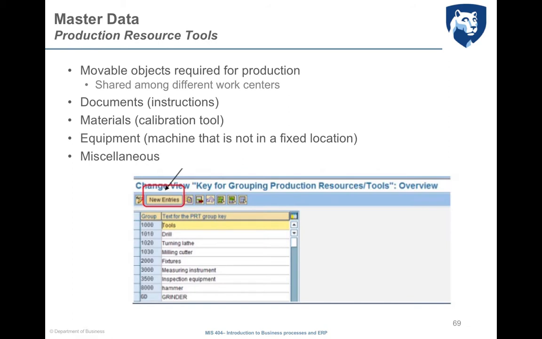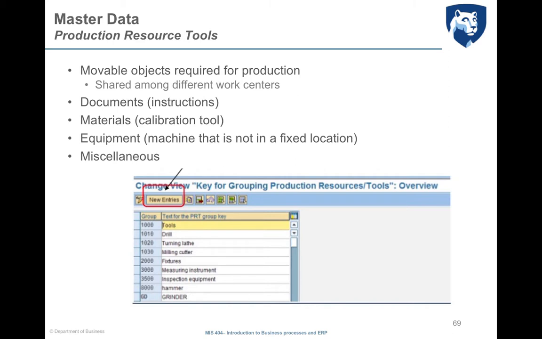The final master data, which is relevant to production, is what we call production resource tools. Production resource tools are movable resources that are shared among different work centers. Examples of tools are calibration or measurement instruments, jigs, fixtures, documents such as engineering drawings. So they are the tools that are needed for production for work centers to perform their operations.